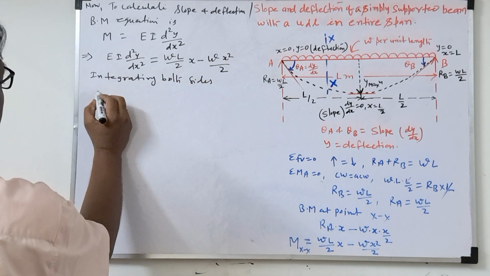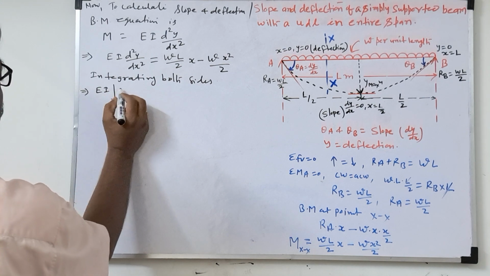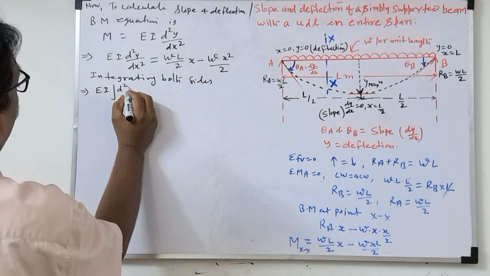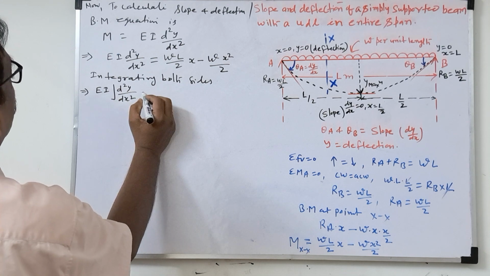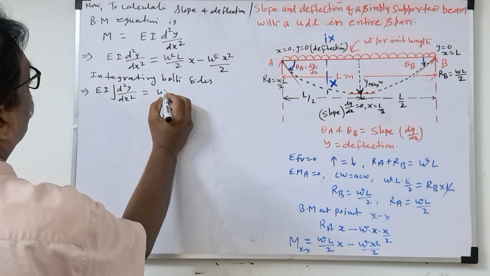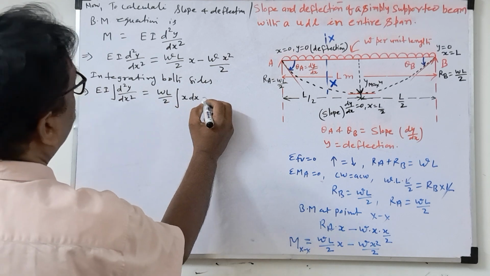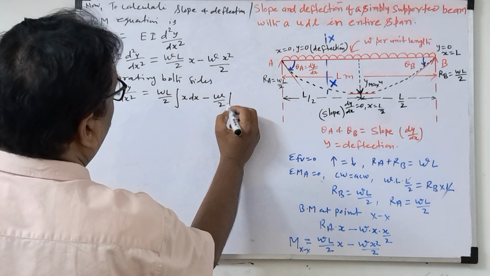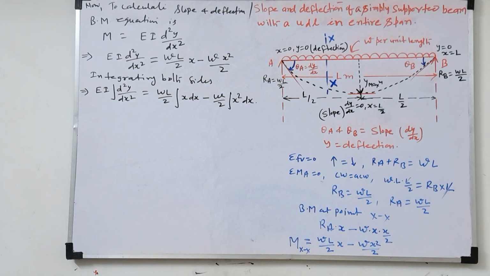We integrate, EI is constant, that implies d square y by dx square is equal to wl by 2, you take outside, integrate x dx, minus w by 2 take outside, x square dx. This is the integrating both sides symbol given.